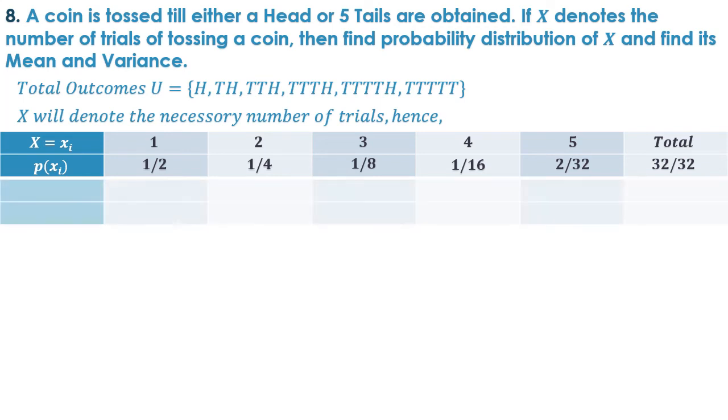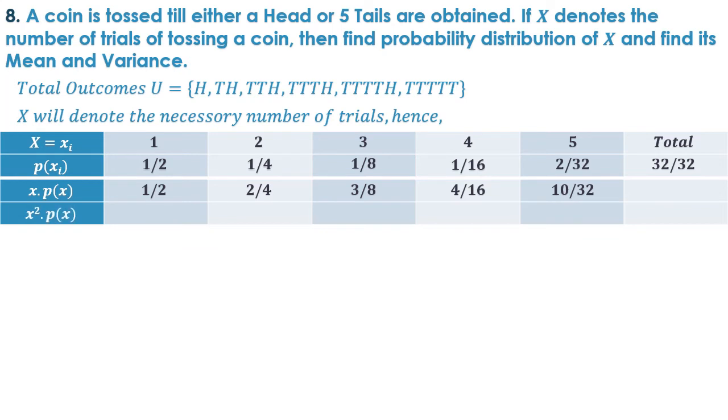Next thing, you have to calculate mean and variance, and because you need to calculate mean and variance both, mean will be xi into pxi, and that is multiplying x with the p. So 1 into 1 upon 2 is 1 upon 2, 2 into 1 upon 4 is 2 upon 4, similarly 3 upon 8, 4 upon 16, 10 upon 32. I am not showing the total here, we will take the LCM afterwards. Next, for variance, this is for the mean.